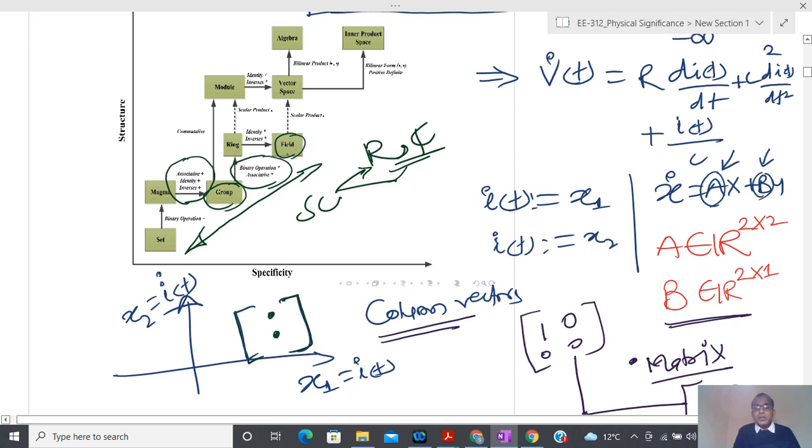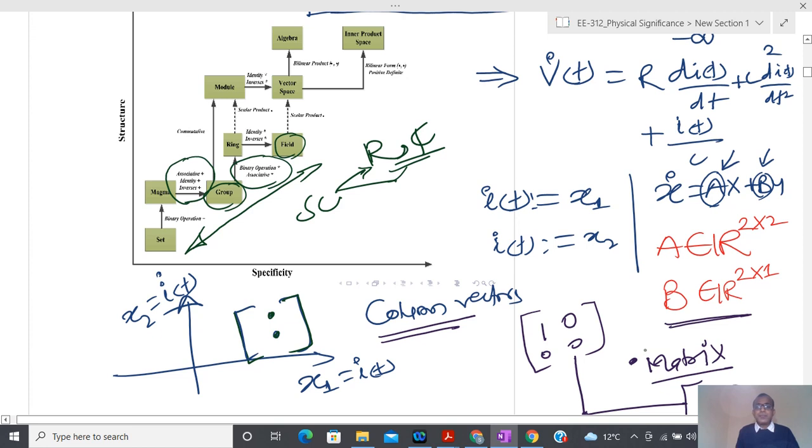Now if we arrive at the field, and then I stack the scalars, and one can stack the scalars either in the form of column vectors, matrices, or functions, then I come up with some kind of space that is called a vector space, where an entry might be in the form of a column vector, a function, a matrix, or a combination of these.